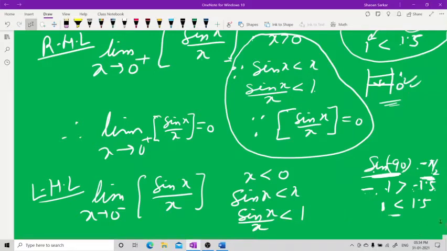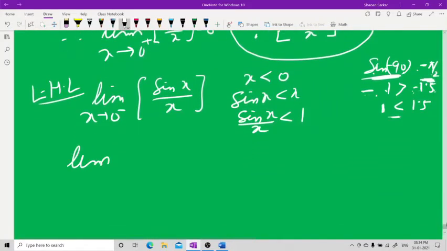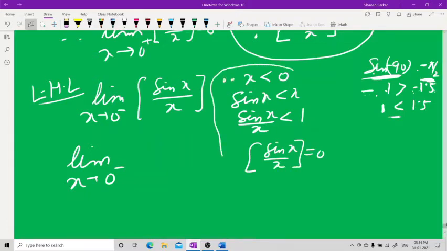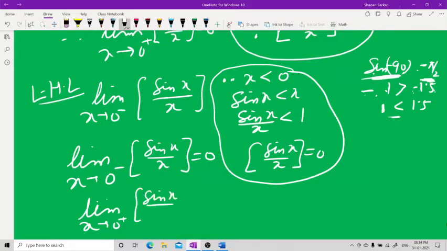The same idea as the floor function. So now, limit x tending to 0 minus, this quantity sin x upon x, floor function, is equal to 0. Therefore you have to write all this again. In this case, sin x upon x floor function is equal to 0. So limit x tending to 0 plus, let me write, sin x upon x floor function, that is the greatest integer function less than or equal to x, वही है floor function.